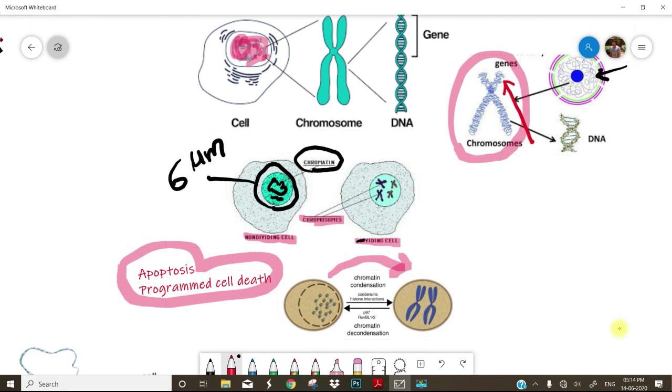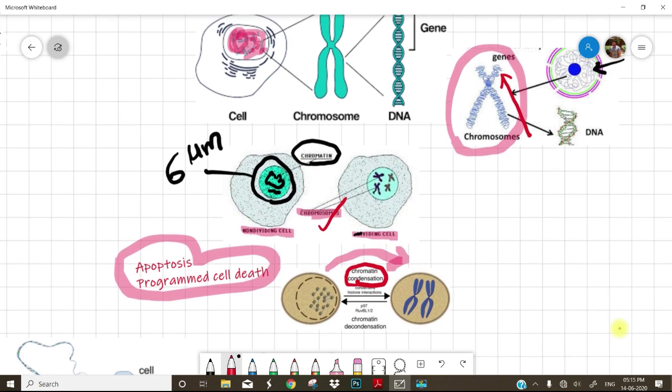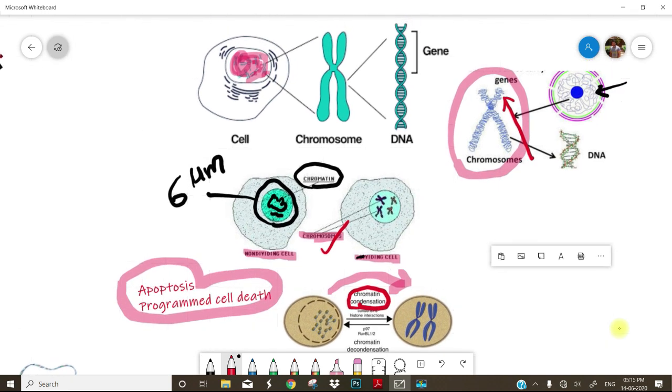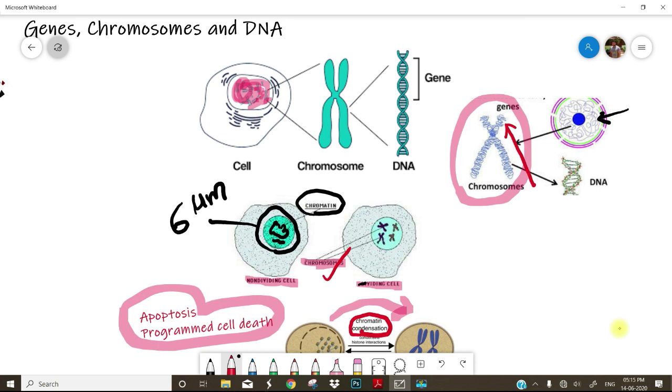Actually, this chromatin is condensed to form the chromosome. So the chromosome is an organized package of DNA that carries hereditary information in the form of genes.